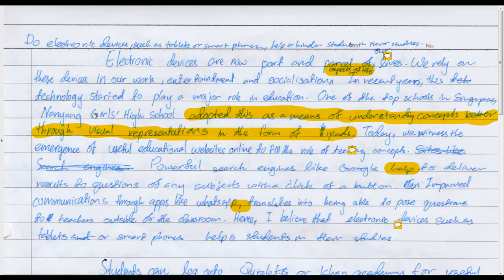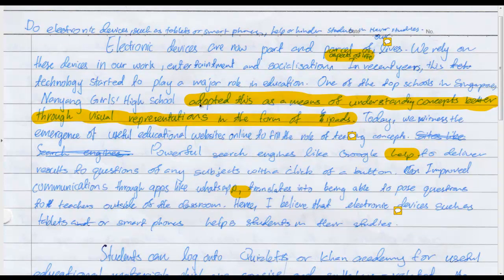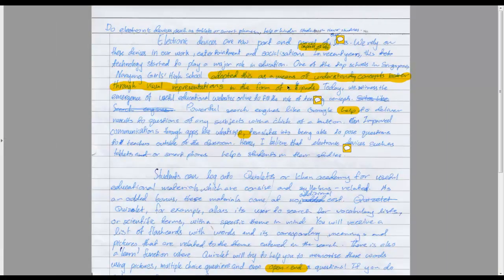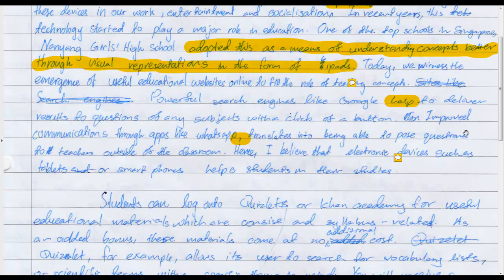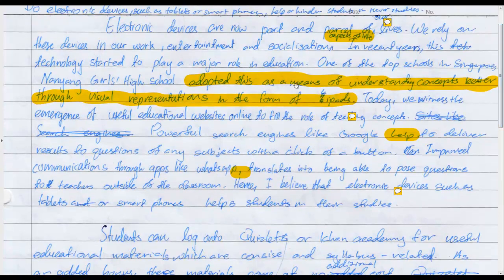And "in recent years, this one of the top schools." Okay, there's some language issue here. Those highlighted areas are the parts where I think there are some language issues. Look at what you have written: "One of the top schools in Singapore, Nanyang Girls High School, adopted this."